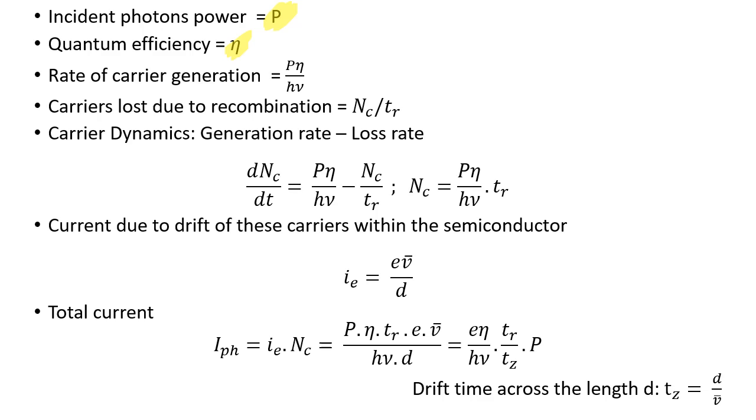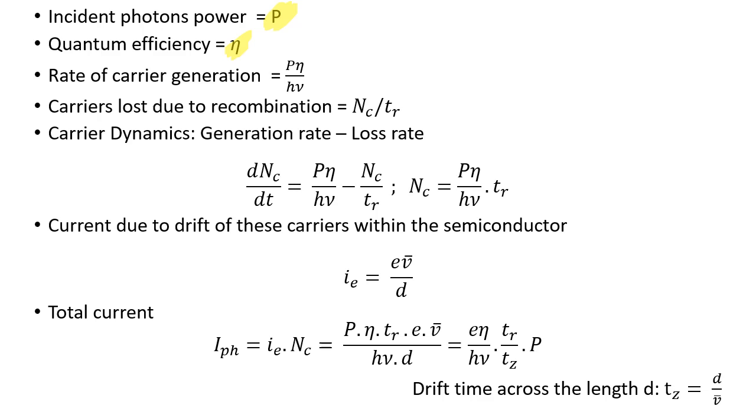Corresponding carrier is being generated. So my incident photon power divided by h nu will give me the number of photons per unit time that are coming in, and these photons times eta, the quantum efficiency, tells me the rate at which the carriers are being generated, right?